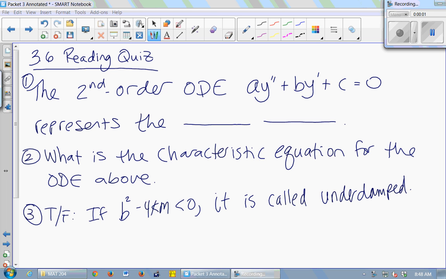my double prime plus b y prime plus c equals 0 represents what? The harmonic oscillator. Okay. And what's the characteristic equation of the harmonic oscillator?